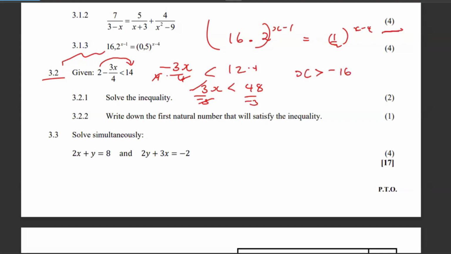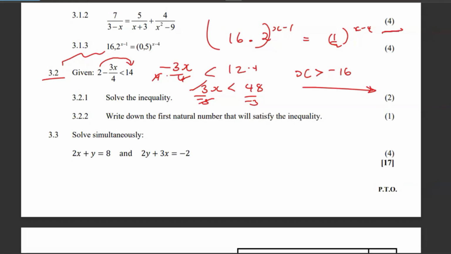Please just confirm with me what is 48 divided by 3. Okay, 48 divided by 3. Said 48, not 45. Okay, yeah, it's 16. So if it's 16, then that simply means that this is the solution the question wants.